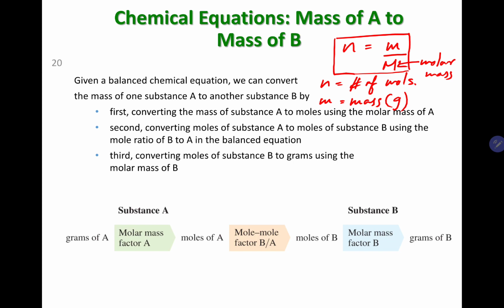You can directly read it from the periodic table. If you measure 12.0 grams of a piece of carbon, that piece of carbon has 1 mole of carbon atoms: 6.02 times 10 to the power 23 atoms of carbon.